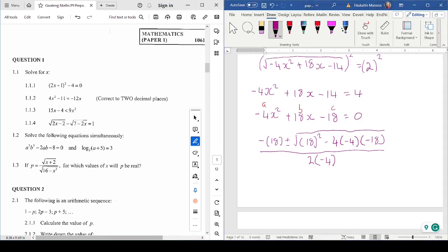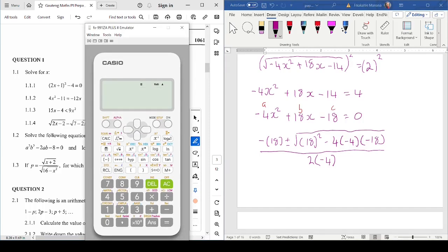Okay, let's bring out our calculator. Put a minus, open bracket, 18, close it, start with the plus, put that square root, open the bracket, 18 once again, close it, square it, minus 4, open a bracket, it's negative 4, close it, open it, minus 18, close it, then go downstairs, 2 times minus 4, close it.